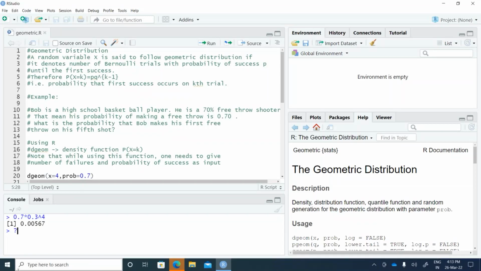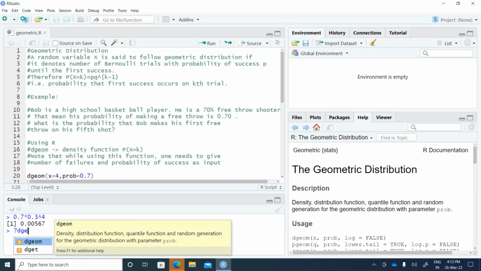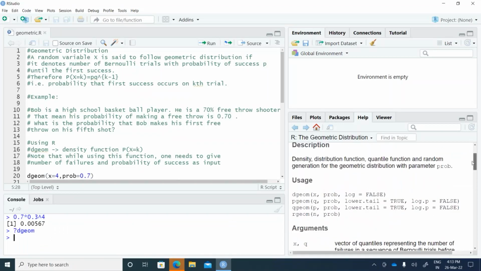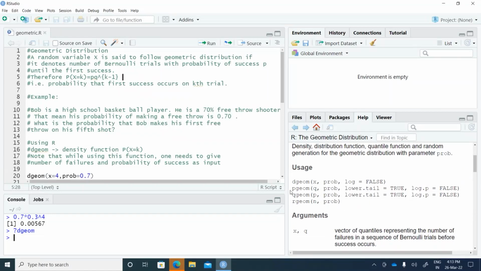Let us check out the syntax of this dgeom. In the window for files and plots, you can see the description for geometric distribution has been given. If you look at these 4 functions, you can observe their syntax. dgeom takes the value of x, then the probability. Here, the value of x is crucial. It is not as per our formula; we won't have x equal to k.